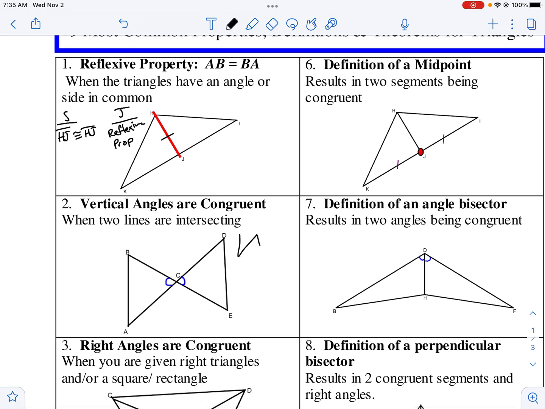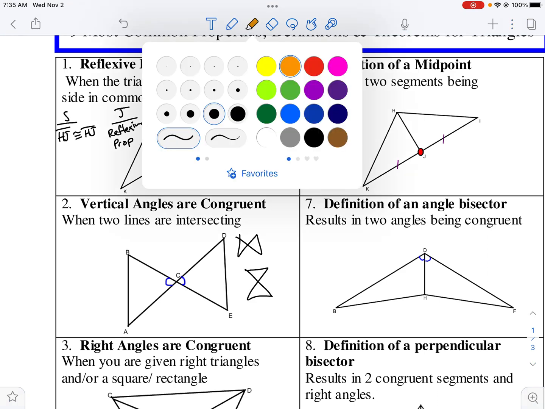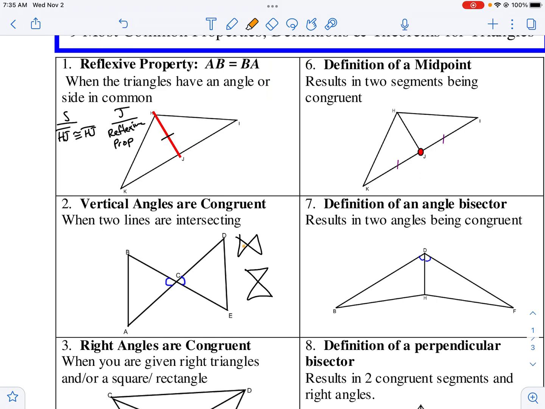So if you have a bow tie or an hourglass, we know that you have those vertical angles right here and right there. Here and here. Okay, so we've got that here. So what are we saying? What's congruent? Well, angle BCA is congruent to angle DCE.